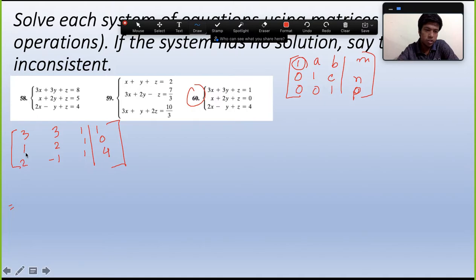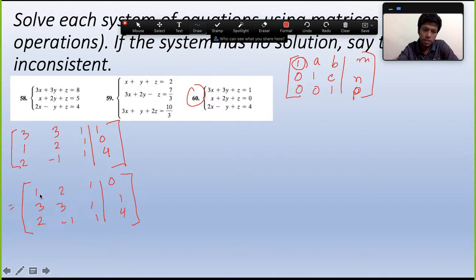Let's interchange rows, because there is a 1 in the second row. So 1, 2, 1, 0, then 3, 3, 1, 1, then 2, minus 1, 1, 4.